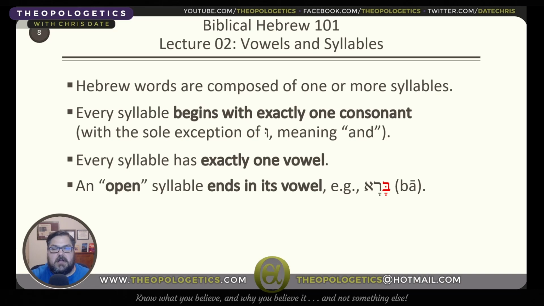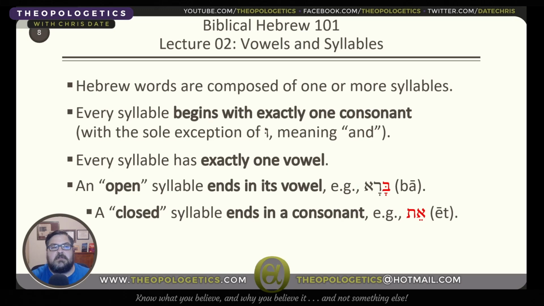So in the Hebrew word bara, the first syllable there, ba, is open because you've got the consonant bet, making the b sound, and you've got a vowel called a qamets, which is pronounced like ah. So the whole syllable is b, ah, ba. So it doesn't end in a consonant, and that makes the syllable open.